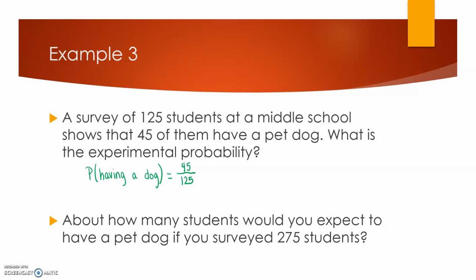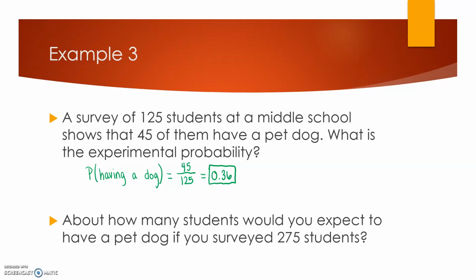So if we do 45 divided by 125 in the calculator, we should get 0.36. So this is our experimental probability. Again, we could take this survey at the same middle school again with a different 125 students, and we might not get the same probability. And that's where the difference comes in of experimental versus theoretical.